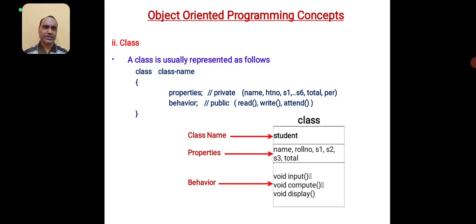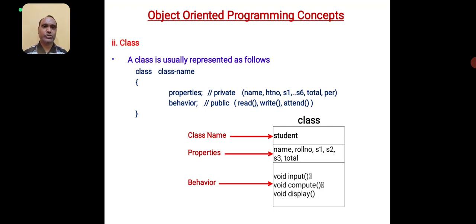properties of the object. And these properties are nothing but variables. We can declare the variables. And along with the variables, we also have the behavior of the object. Behavior is nothing but actions or functions performed by the object.